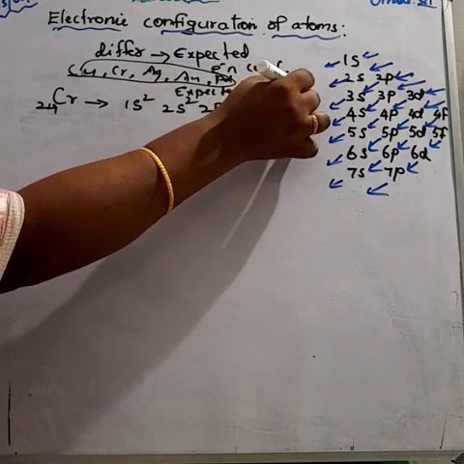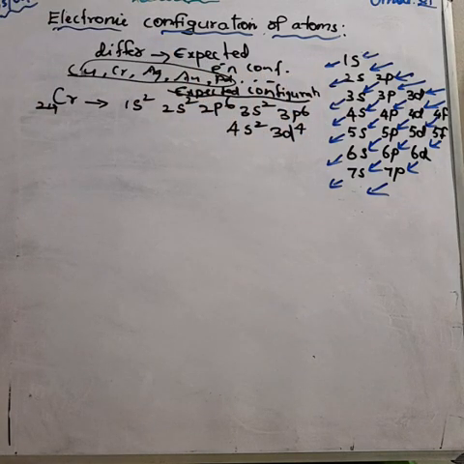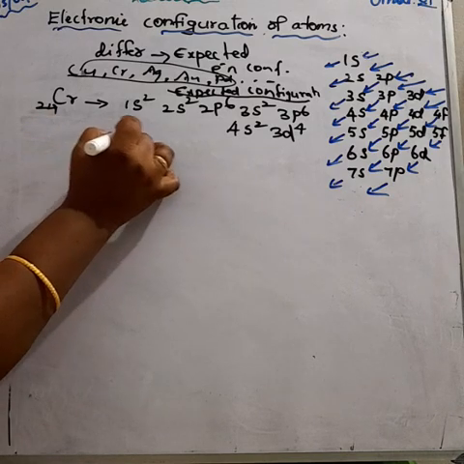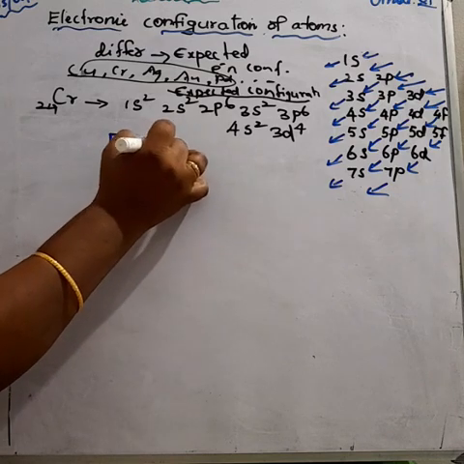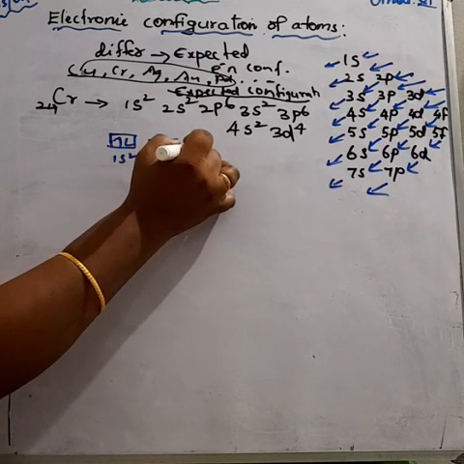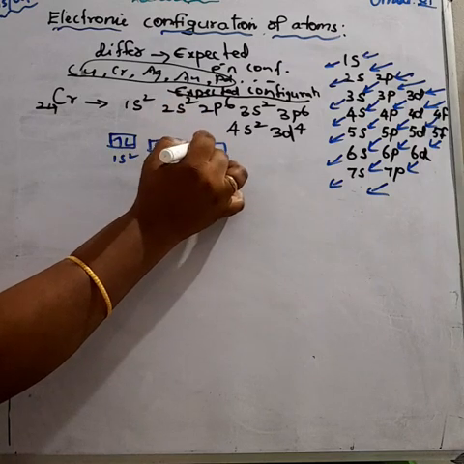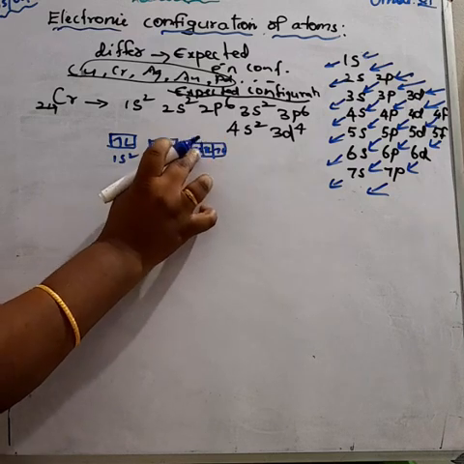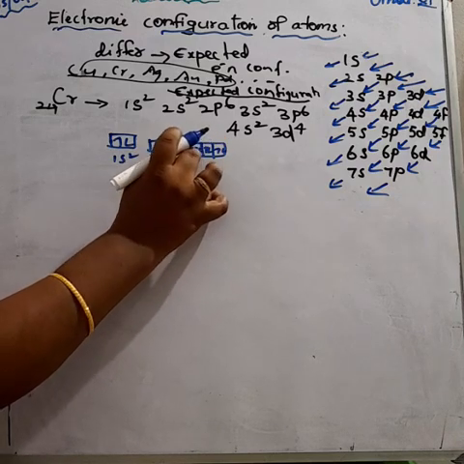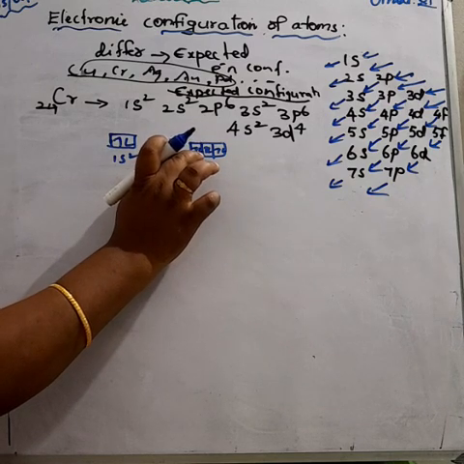How it is not stable, I will explain now. First we can draw the orbital diagram. 1s orbital, 2 electrons, 2s orbital, 2 electrons, 2p orbitals, 6 electrons. According to Hund's rule, first we fill the electrons singly: 1, 2, 3. After that, from the 4th electron onwards, we pair up the electrons to make p6.